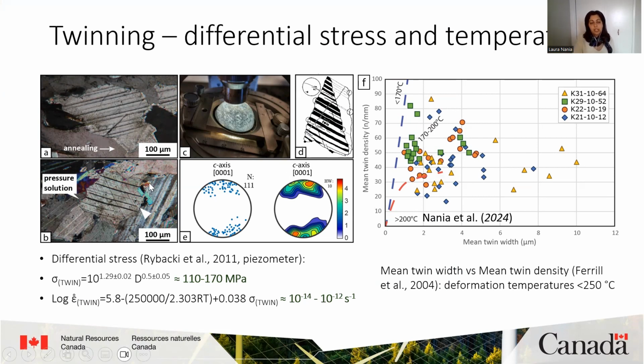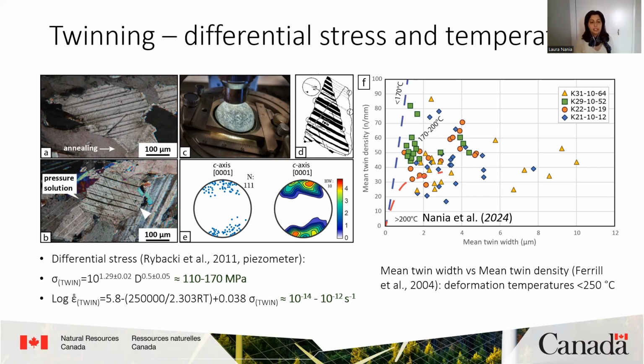Whereas if we look at their density within the grains, in this case I used a universal stage to check whether they were E-twins or other twins that were unrelated to the deformation. So if we just check the E-twins, we can understand the differential stress and the strain rates recorded.